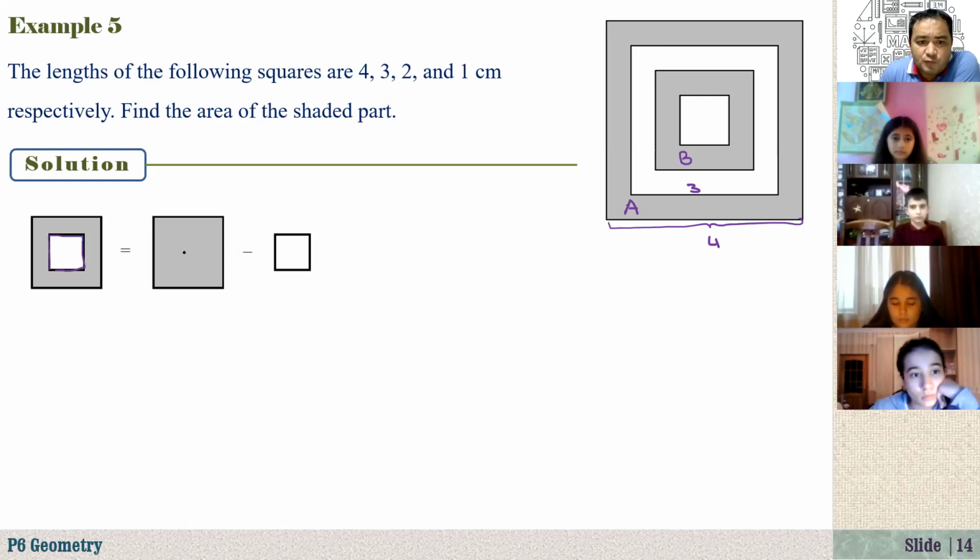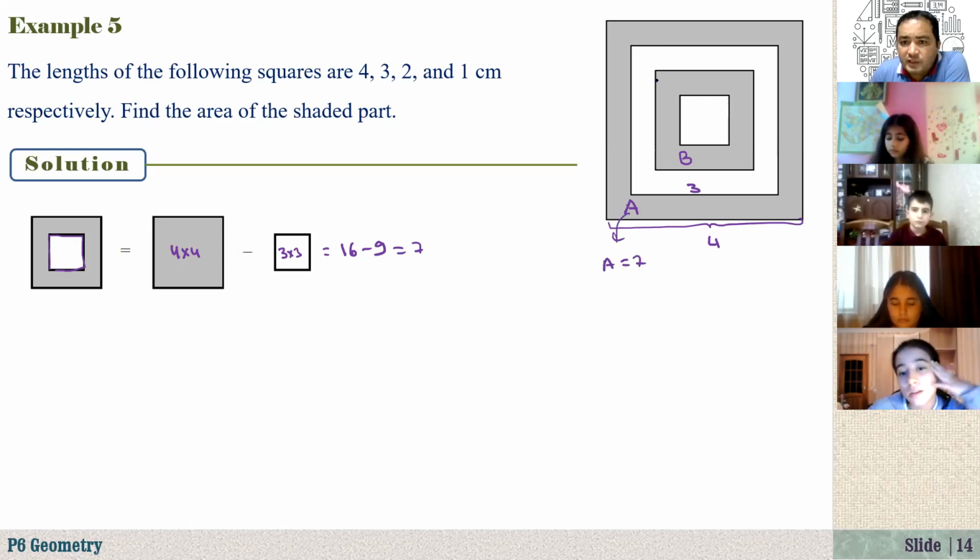So the area is 4 times 4 minus 3 times 3, which is equal to 16 minus 9. That's equal to 7. So here, the area of A is equal to 7 centimeters squared.